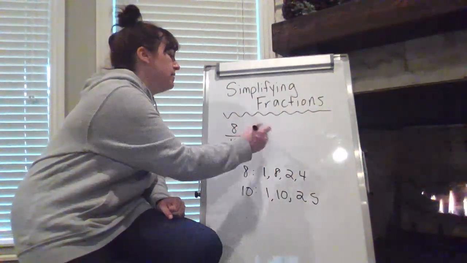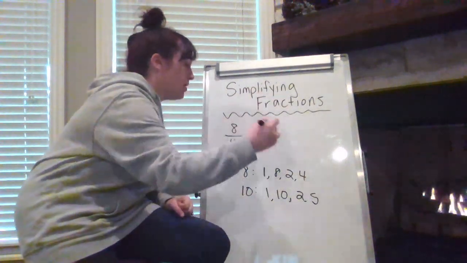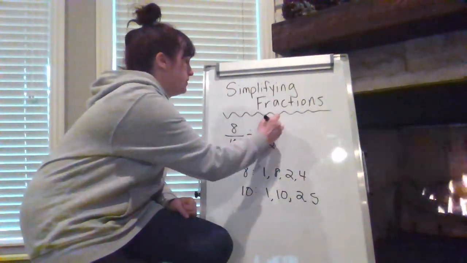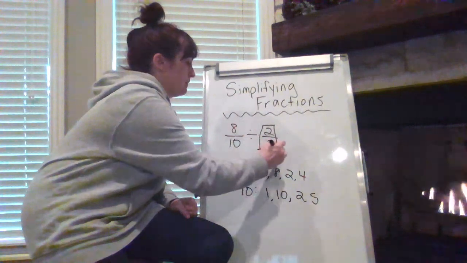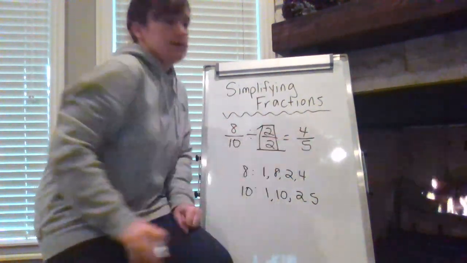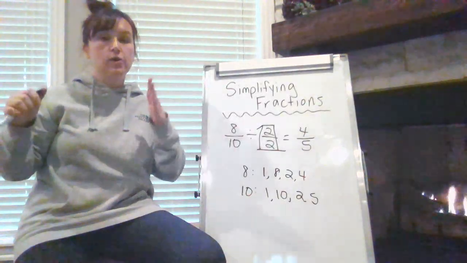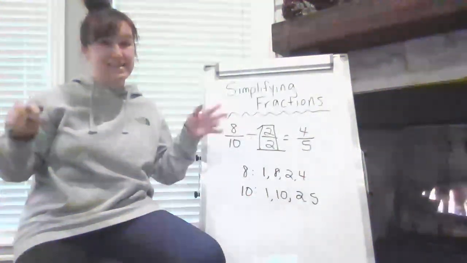So, let's divide by 1, but in this case, we're going to make that 2/2. And we're going to get 4/5. So we're just undoing what we did when we created an equivalent fraction when we were adding and subtracting.